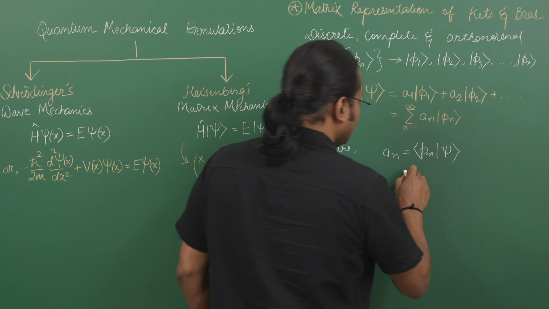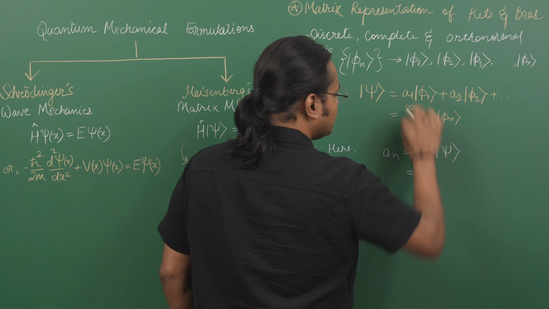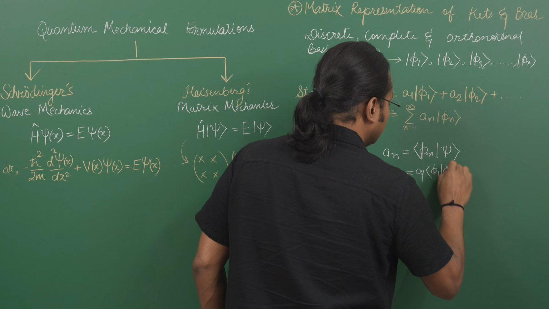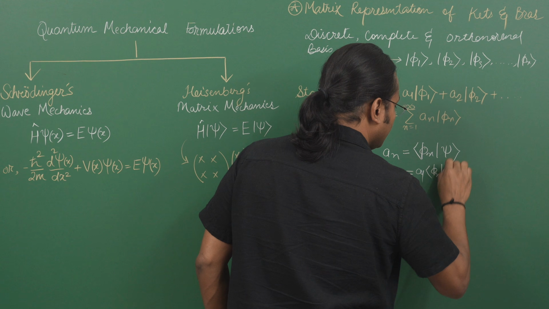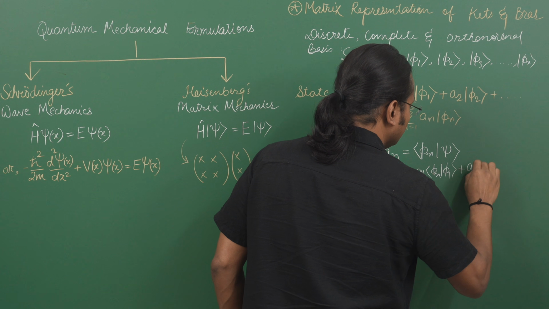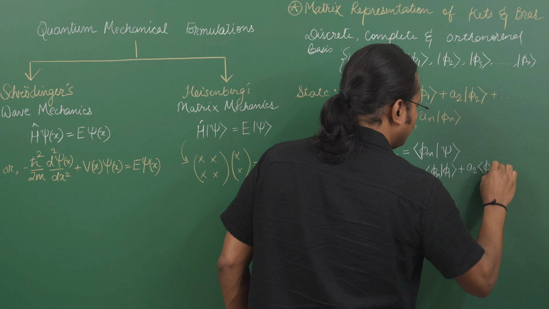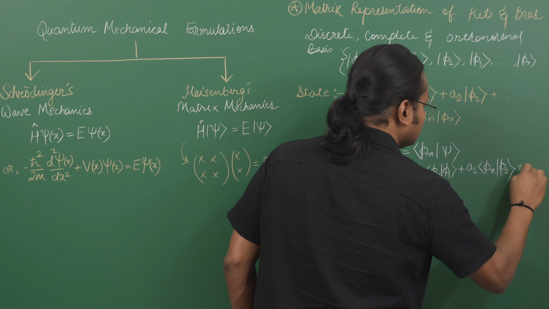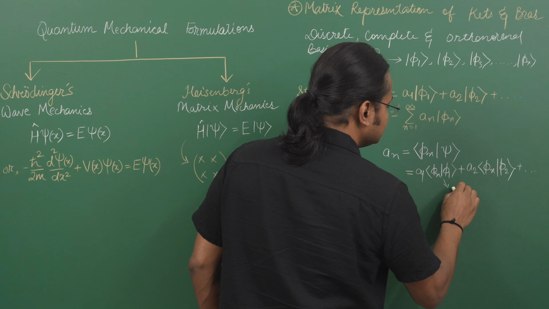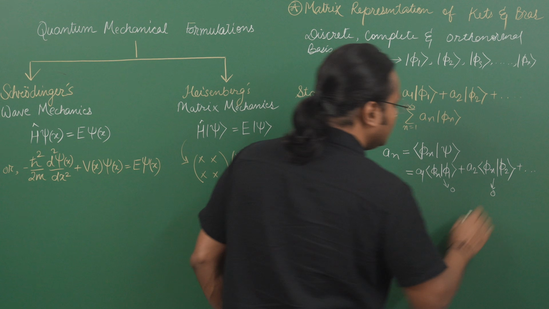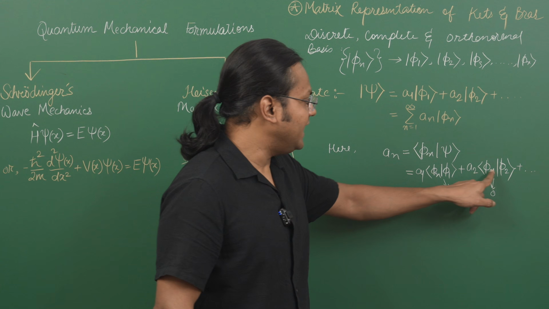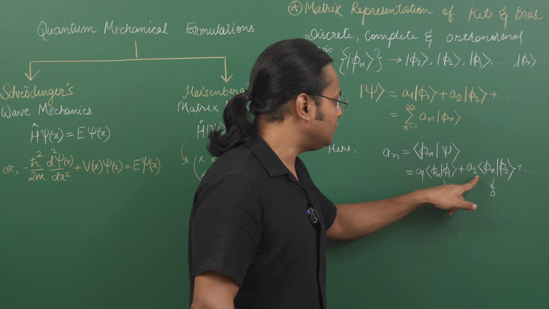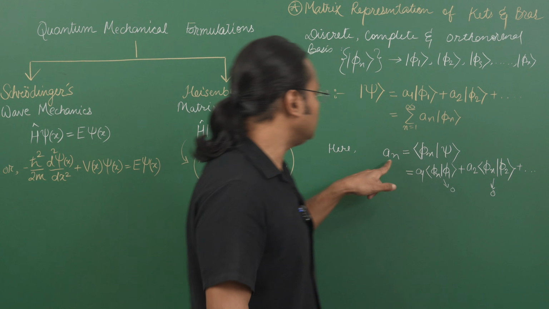So for example, if I just substitute this expression here, I'll simply end up getting a1 phi n phi 1 plus a2 phi n phi 2 plus on and on. So all these terms will be 0, and only that particular term where phi n inner product phi n comes will survive, and therefore the an corresponding to that inner product will survive.